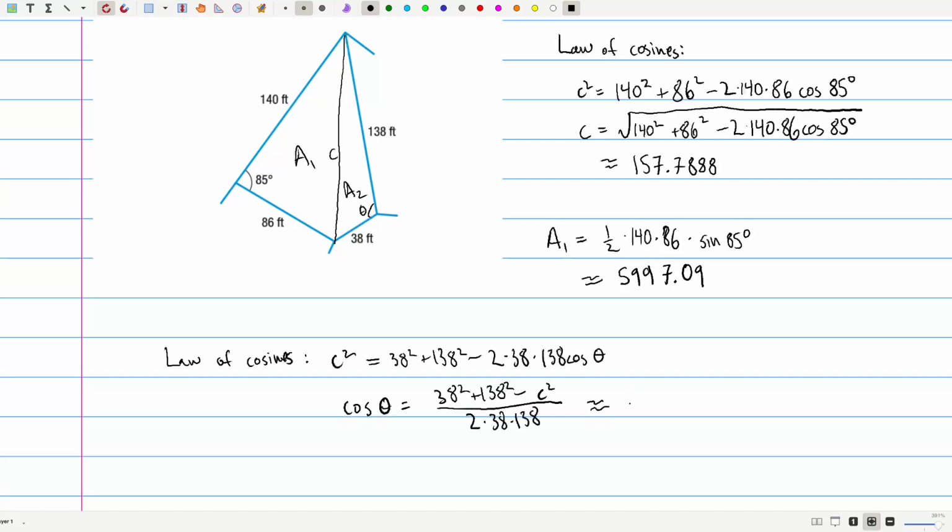It's approximately negative 20.6042. Then let's take the cosine inverse, so theta is approximately cosine inverse of negative 20.6042, in degree mode.